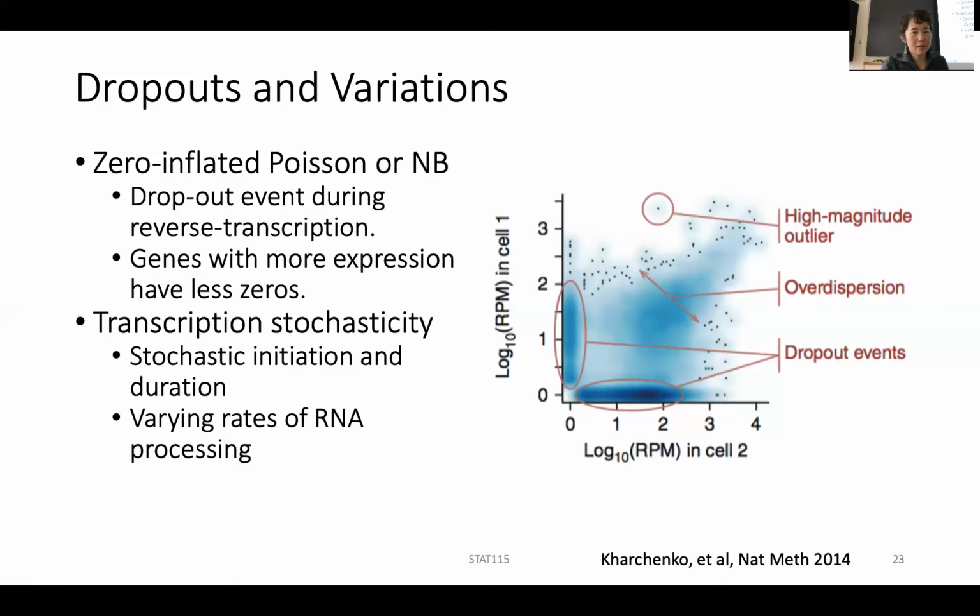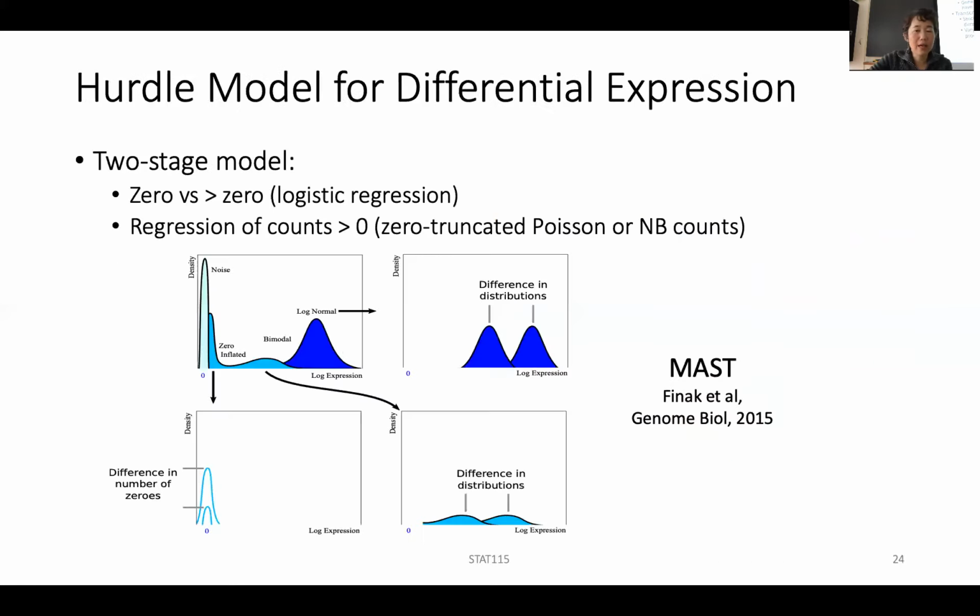That's why it's the zero inflated negative binomial distribution. And so for that, there are computational algorithms to deal with this situation. It's called the hurdle model. This can be used for negative binomial or the Poisson.